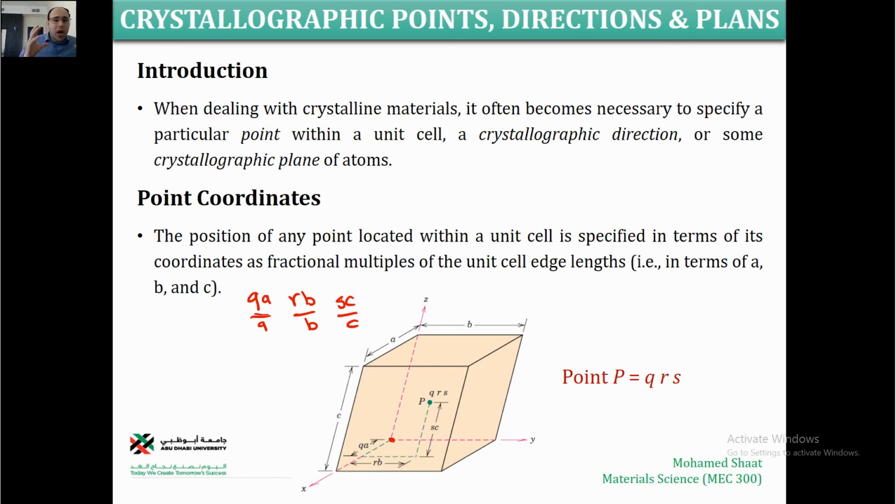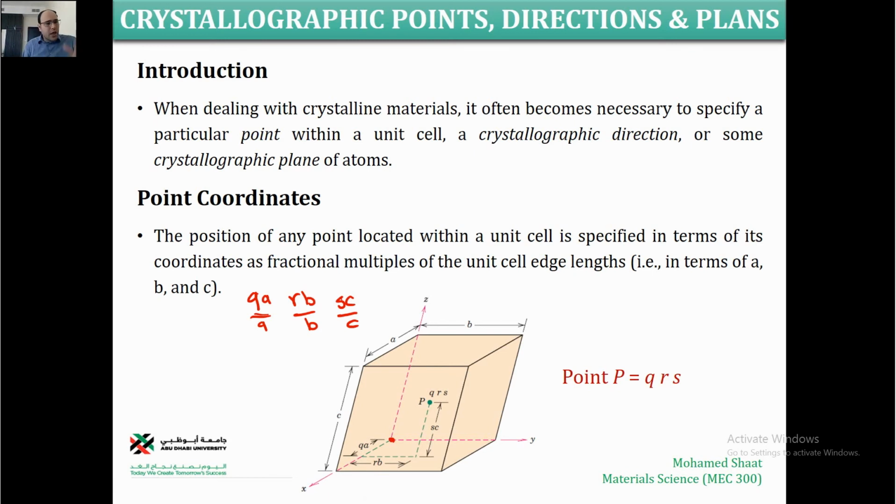This is how we represent a crystallographic point that defines the location of an atom, for example, inside a unit cell. It is highly important to represent them the same way, because this is a standard approach that all materials engineers and material scientists use when dealing with these points.